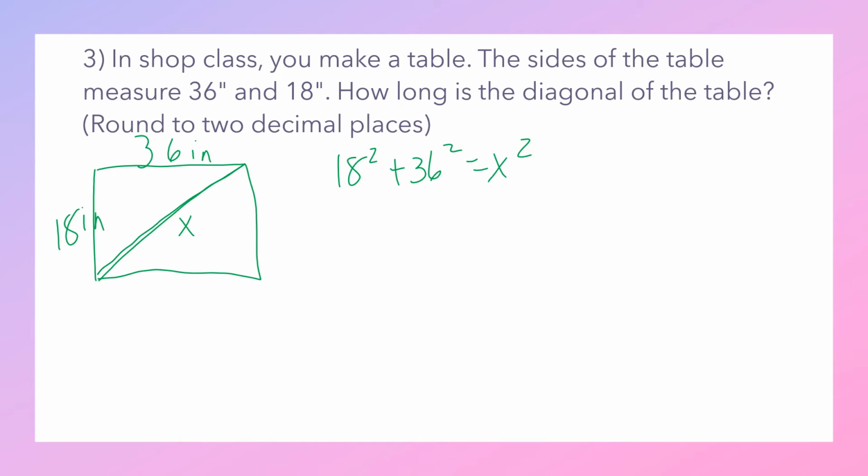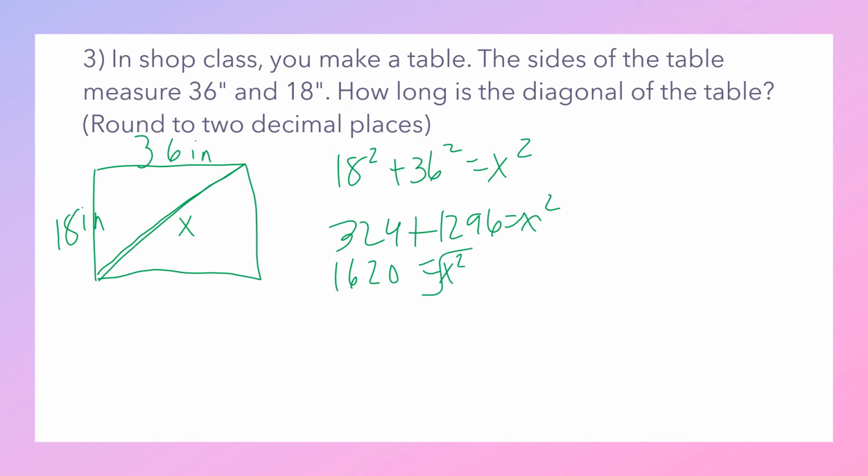18 squared is, actually I did not write this down, but I have what they both equal. 18 squared is 324. 36 squared is 1296 equals x squared. And then those two added together is 1620.